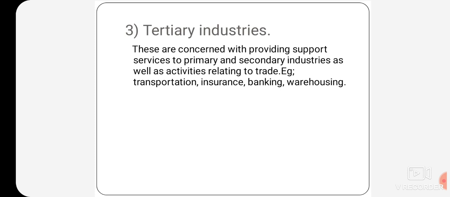If business is performing well, it is because of these lifelines of the Indian economy: the banking system, transportation system, communication system, insurance system, and warehousing system. Apart from this, there are other factors which we are going to study in coming lessons, in coming chapters. So this is about the first part of business activity.